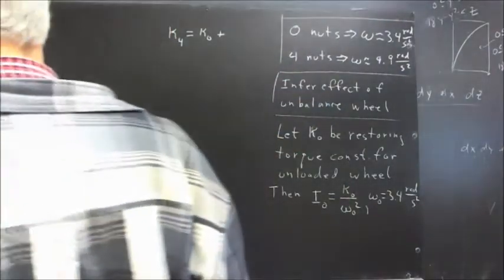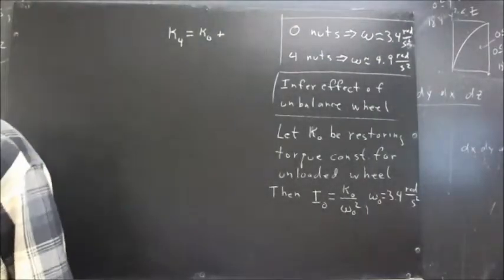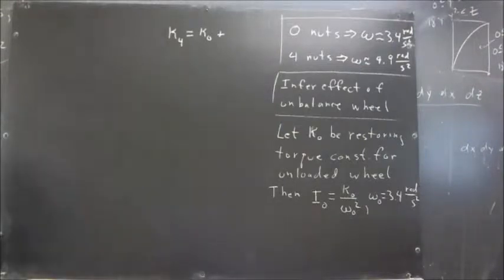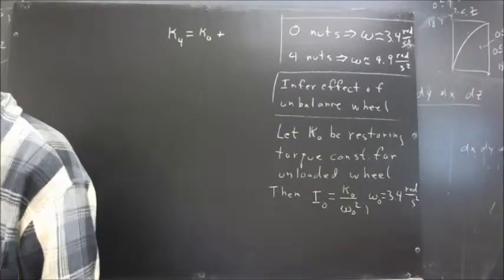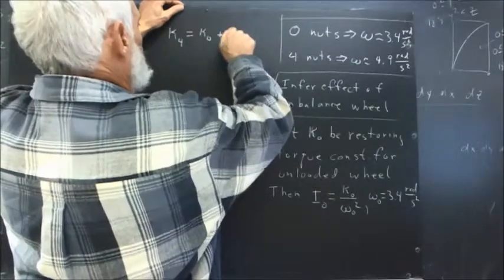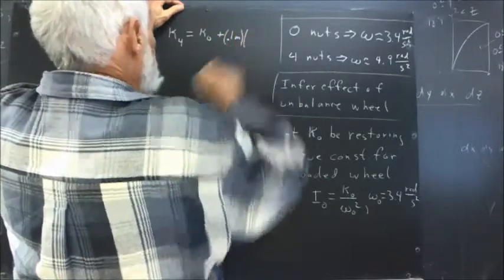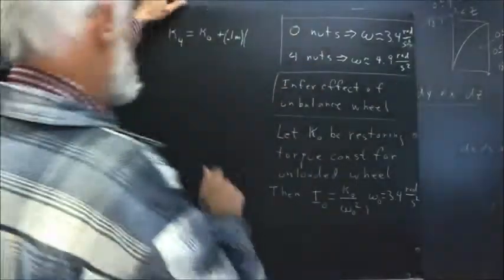And that restoring torque constant, let's see, got to go back and remember what we got before. I think it was something like 0.0044. If I'm fading out, it's because I'm walking over here because I didn't have that handy. Okay, that's going to be 0.1 meter times the mass of now 4 nuts, each nut being 4.5 grams.